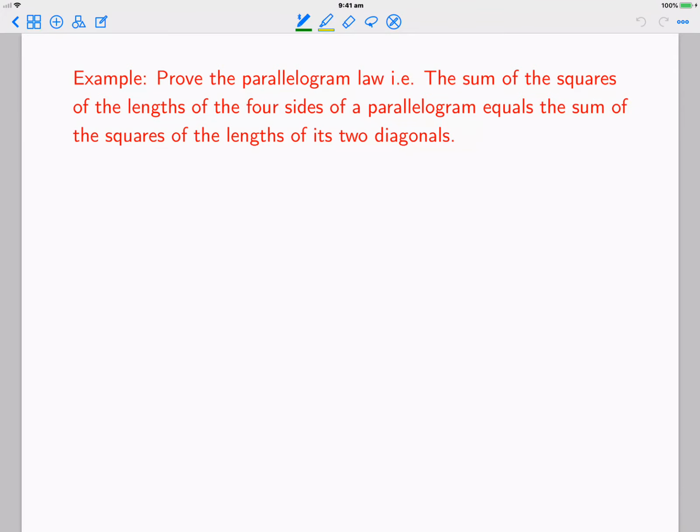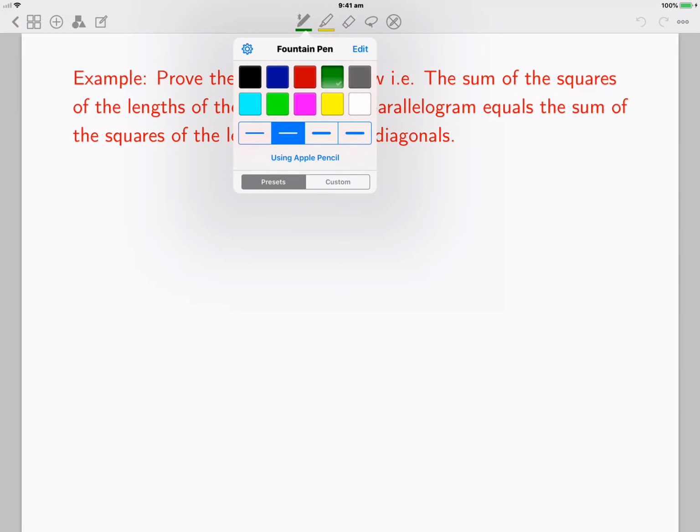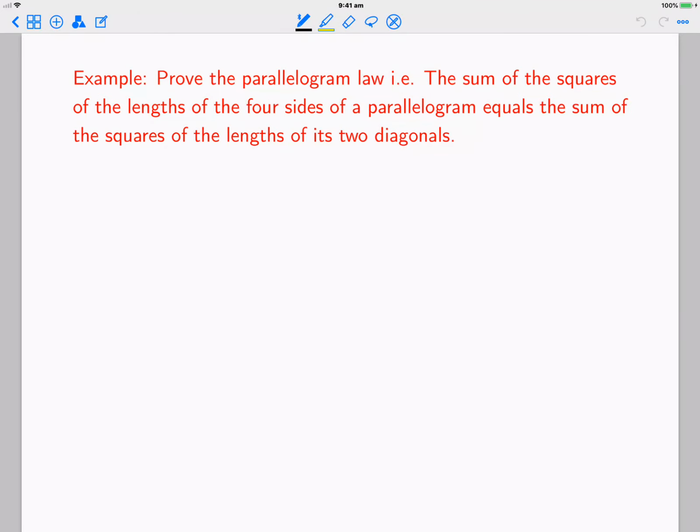So, let me first draw my Argand diagram again. I need to form a parallelogram using complex numbers, and I think you can see how I'm going to do that based on the previous example.